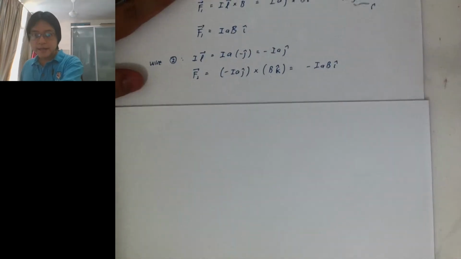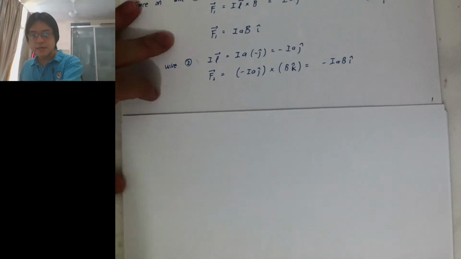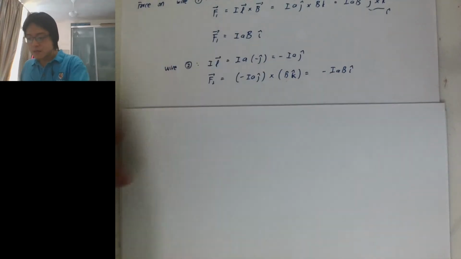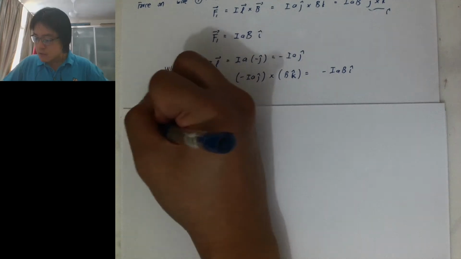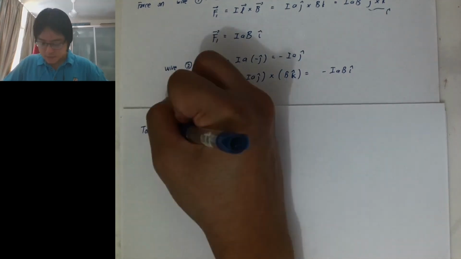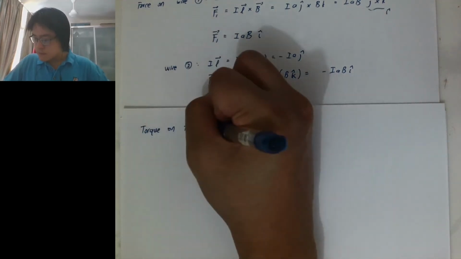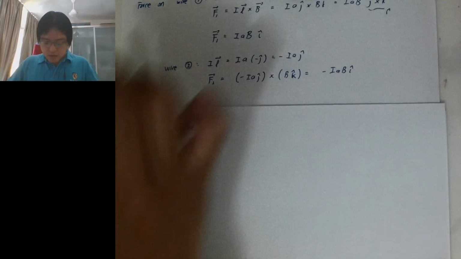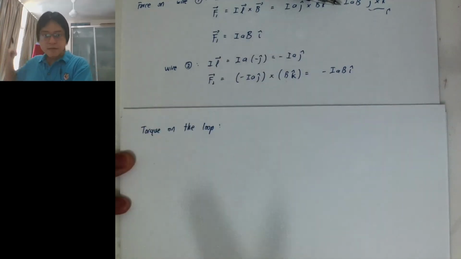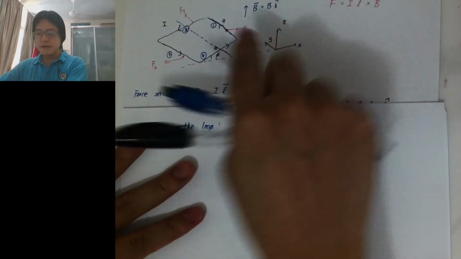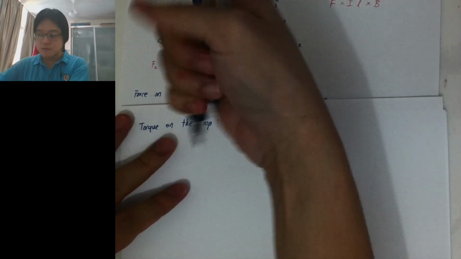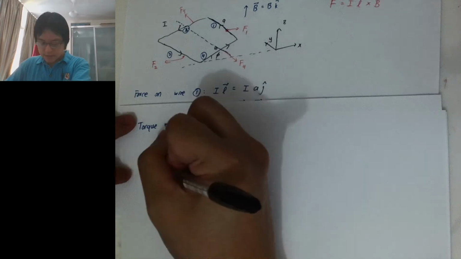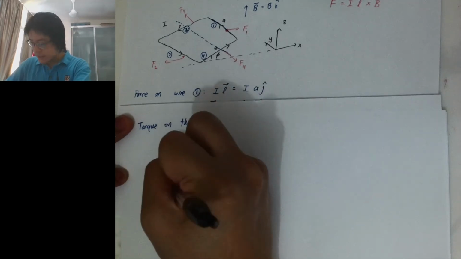So the linear forces are 0 because they are exactly opposite to each other, but this one will experience a torque. Okay, so what's the torque? Let me draw now. I'm looking at this thing from this direction now. So if I look at it from this direction, this is going to be my x-axis.